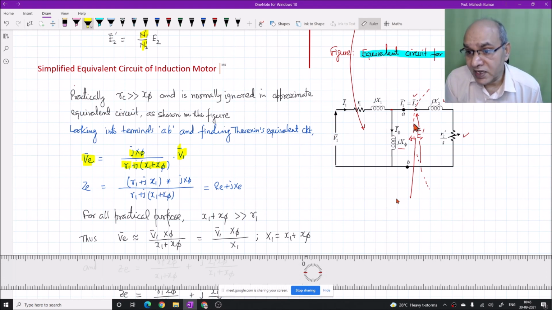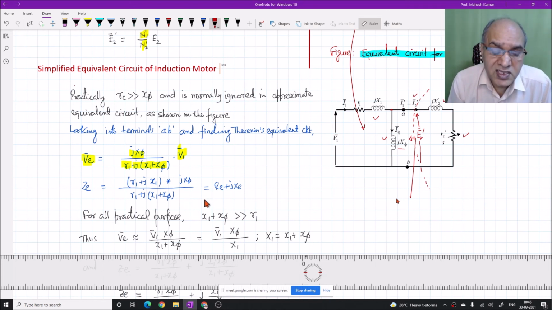And the impedance looking into A and B will be the shunt combination of these two. So it will be R1 plus jX1 into jX phi, divided by R1 plus jX1 plus jX phi. We can write that this overall impedance as RE plus jXE.